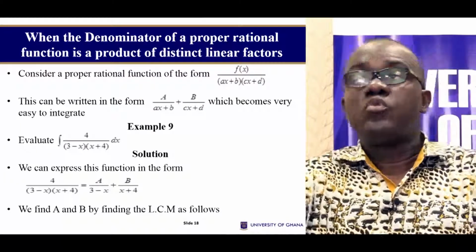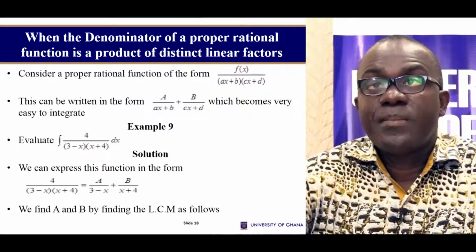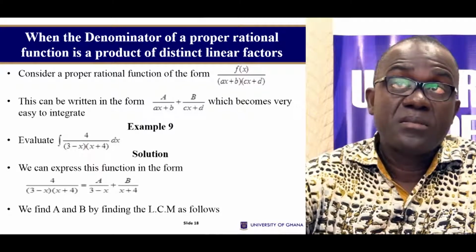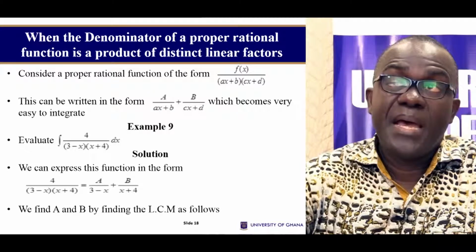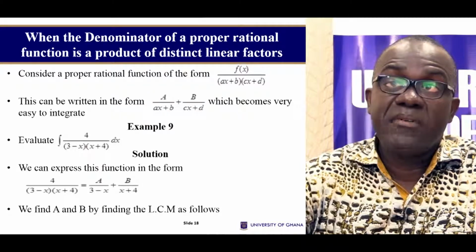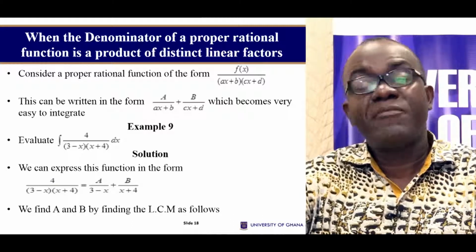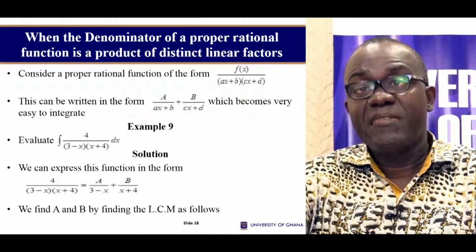An example will best illustrate the point. Look at this example. You will find it extremely difficult to integrate this function. We know there are linear functions, where when they multiply, we get a quadratic function. There's a constant here, 4. But if we are able to reduce it into partial fractions, we would be able to easily integrate those partial fractions.